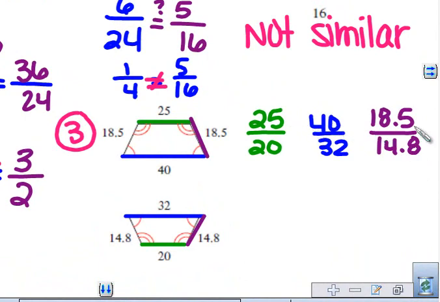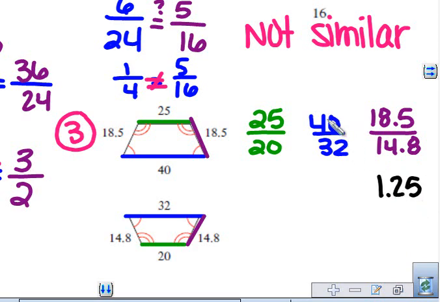Okay, and I want to know, are all 3 of these equal ratios? Are they proportional? Okay, so you can reduce these fractions, or realizing that this has a decimal in it, you can just divide it. 18.5 divided by 14.8 is 1.25.